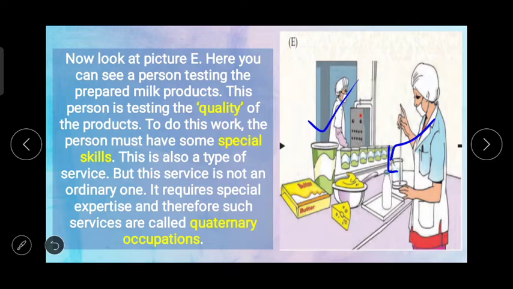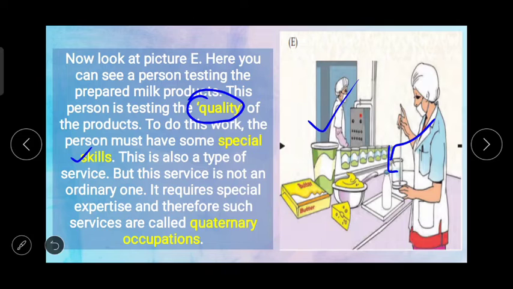This person is testing the quality of the products before selling it or before presenting it in the market. It is very important to check the quality of the product, whether it is good for the people or not, or whether it is durable for long time or not. To do this work, the person must have some special skills.